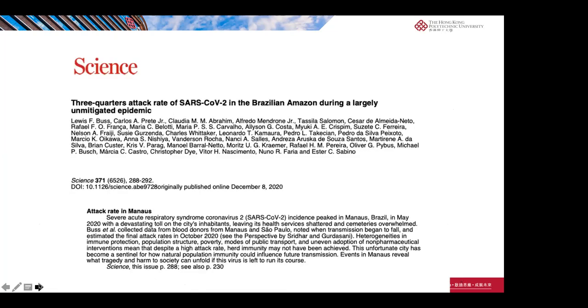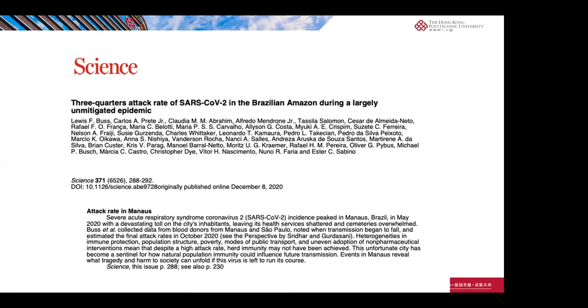So today, I'm criticizing two Science papers. One is this paper: Three-quarters attack rate of SARS-CoV-2 in the Brazilian Amazon during a large unmitigated epidemic. There are a lot of famous modelers and researchers.